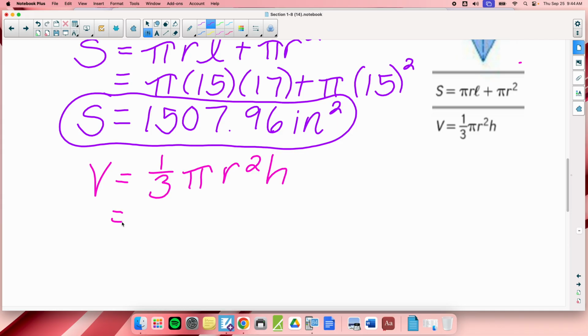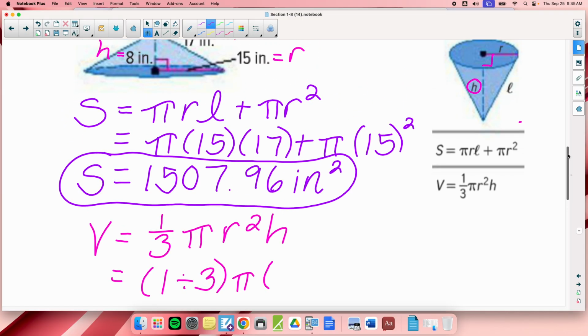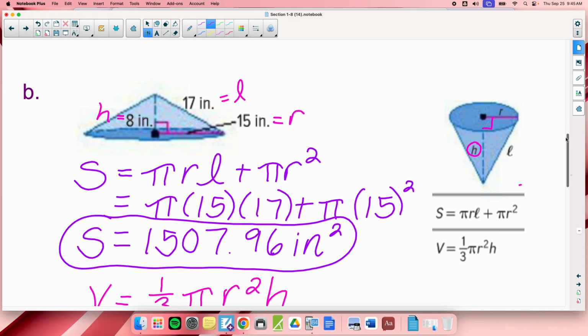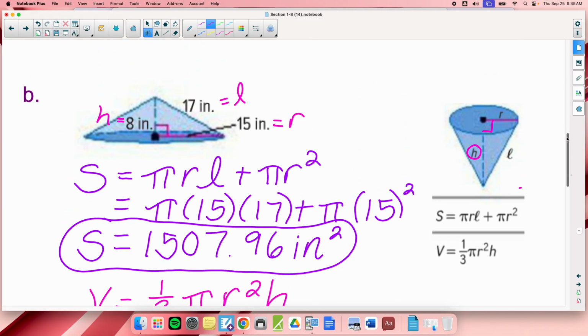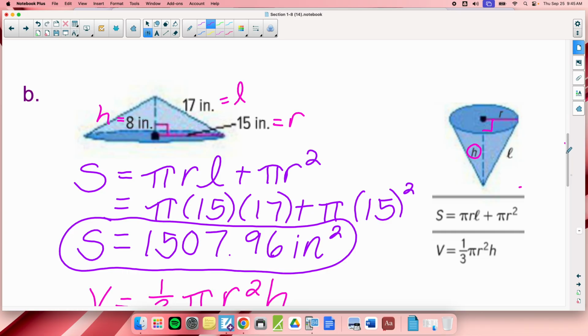Now, if you were here yesterday, we talked about how to type in 1/3. And so we're gonna go parenthesis 1 divided by 3 parenthesis. And that should be on any calculator you have, times the pi key. Now, our radius in this one was 15, and I have to square that. And then the height is 8.